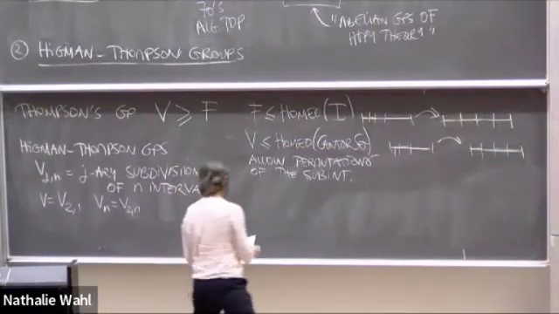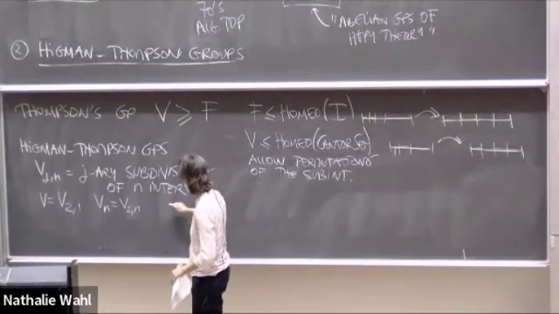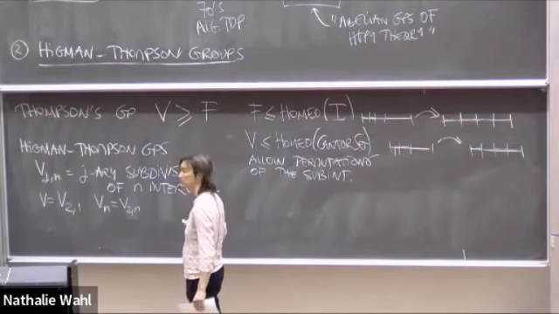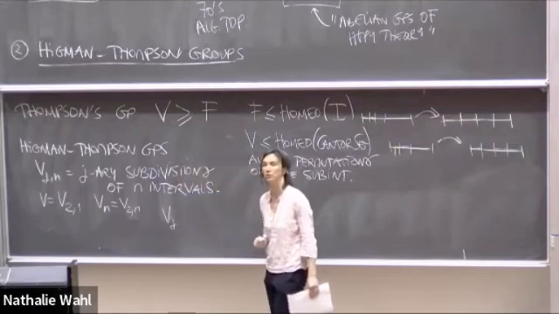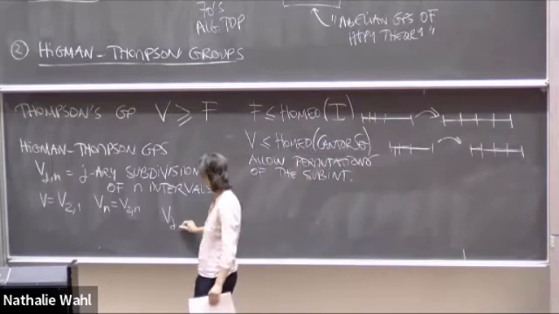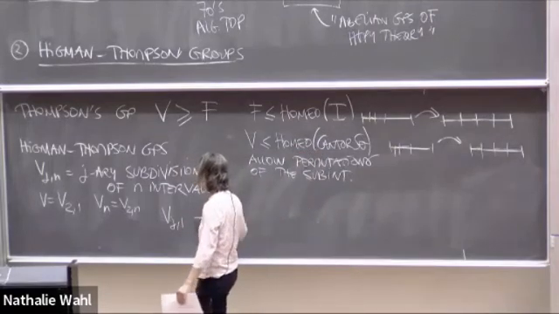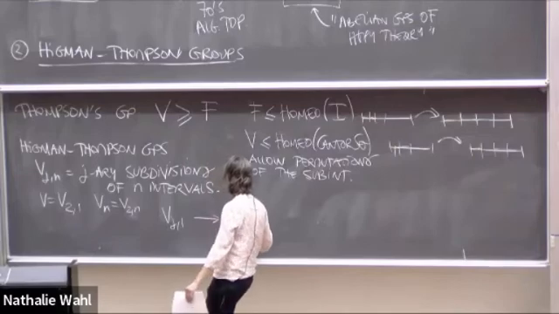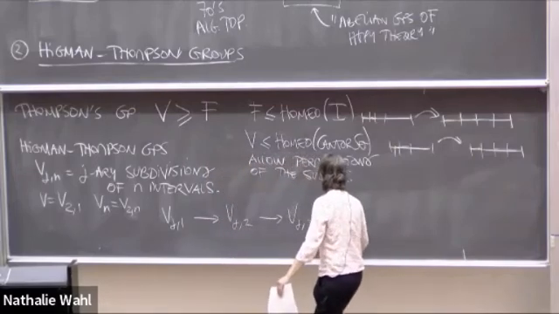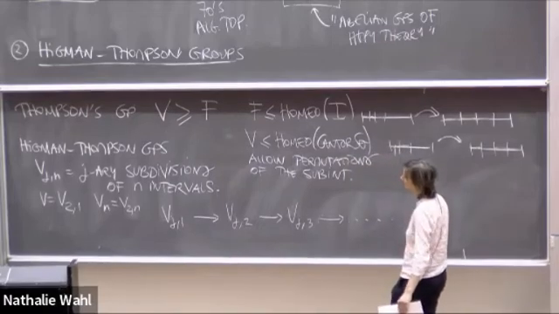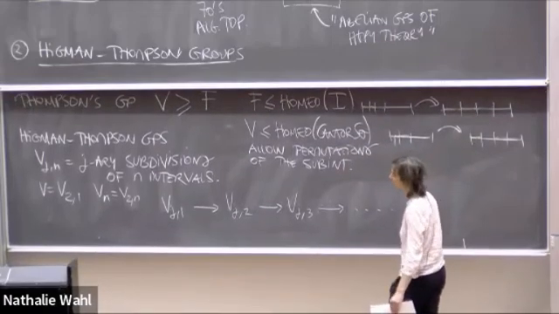So let me, more in the general case, give you the sequence of groups and maps. If I fix j, we will just work with a fixed j at a time. I have V_{j,1}, and I'd like to give you a map to V_{j,2} that will be part of a whole sequence of maps. And what is this map?